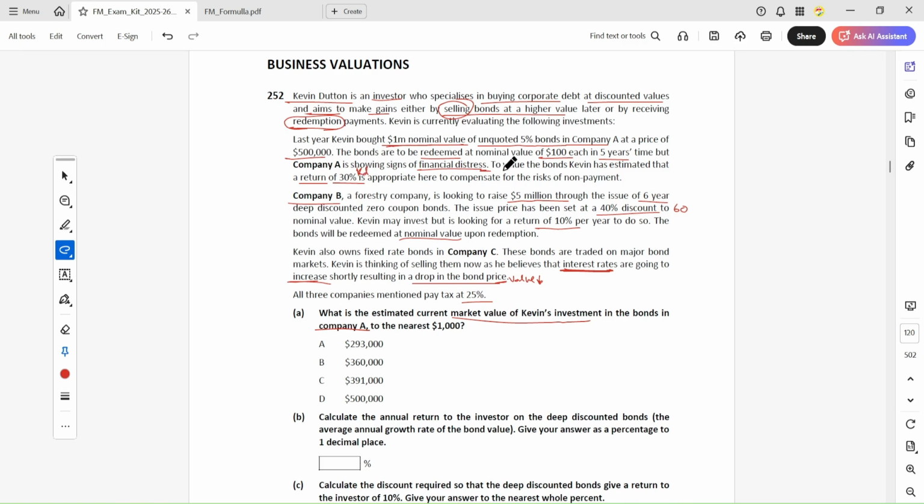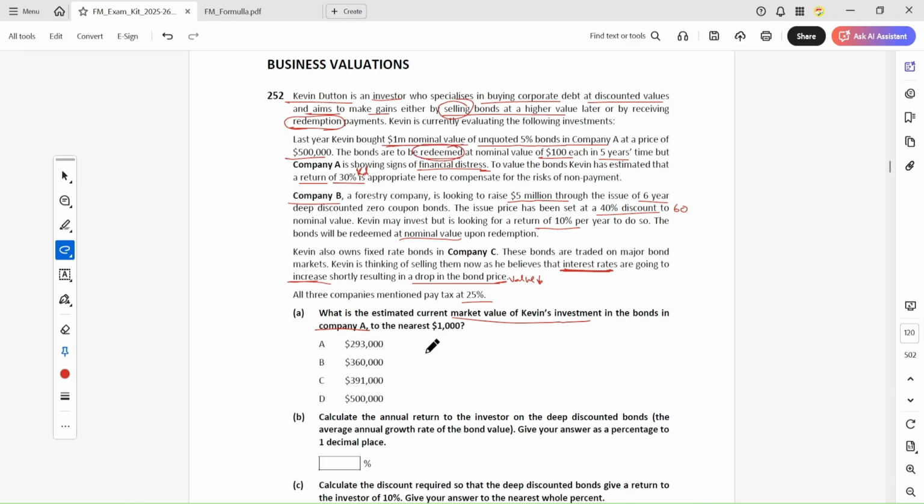The bonds are to be redeemed, so these bonds are redeemable.